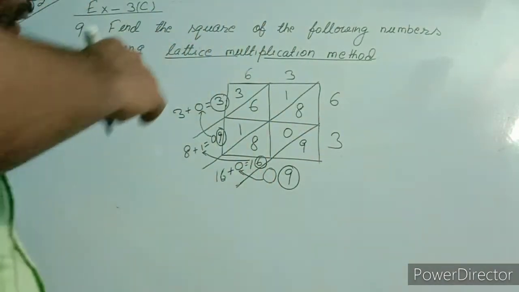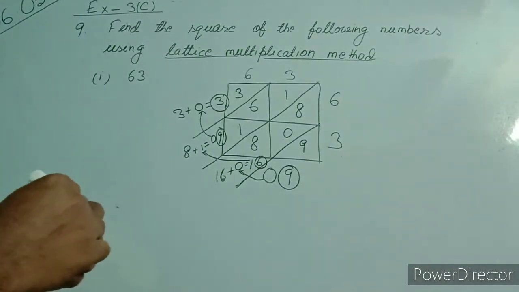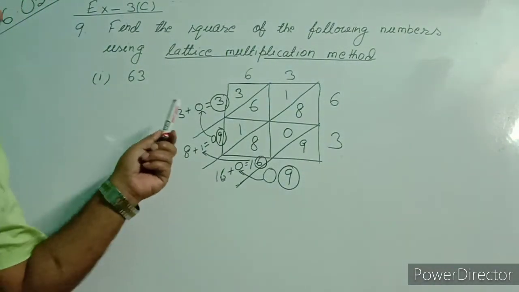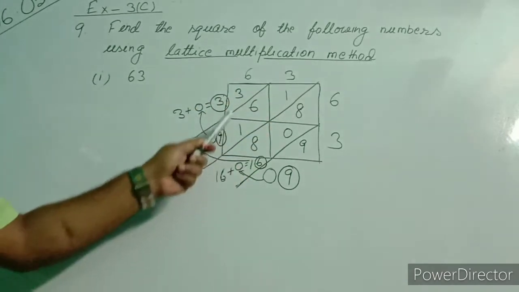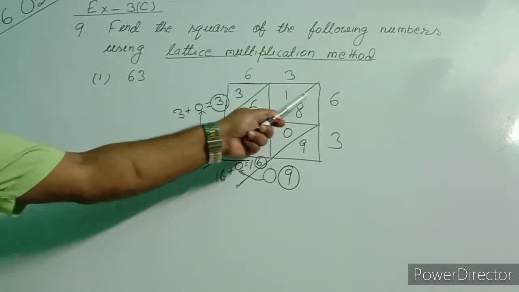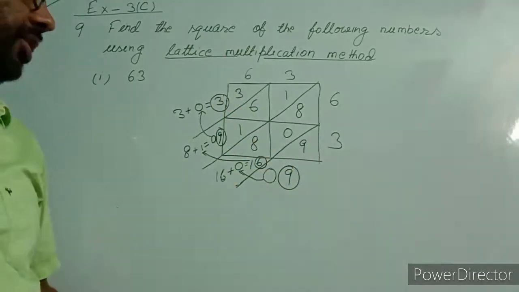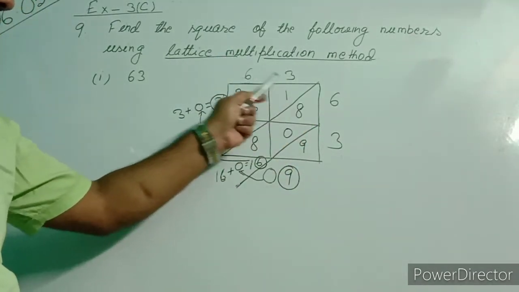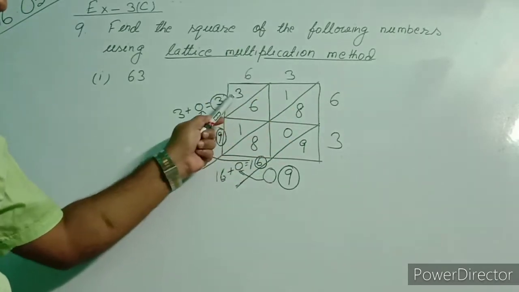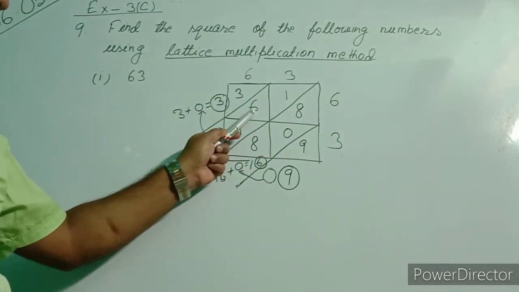So I repeat this process. There are 2 digits, so I made 2 rows and 2 columns. Above I wrote 63 and beside this I wrote 63. Then first of all, I multiplied 6 and 6, 36. 3 I wrote here, 6 I wrote down.